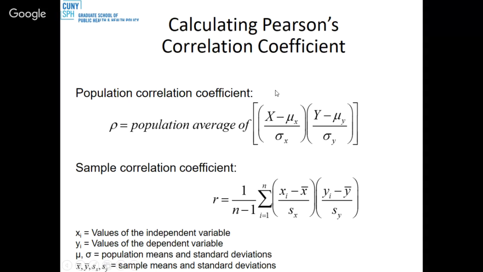So this is something like a z-score for each observation, multiplied by the z-score for that same observation using its y value. So for each observation, we have an x value and a y value. It's essentially calculating the z-score for the x value times the z-score for the y value. That gives us our population correlation coefficient.